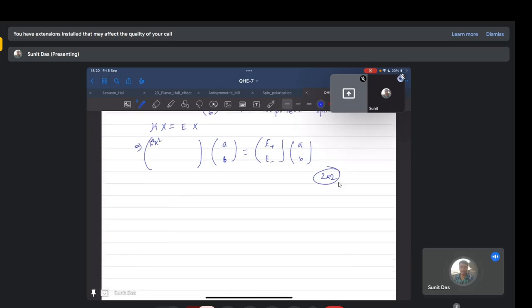So this is h bar square k square by 2m, and again the same thing, alpha R (kx minus i ky), alpha R (kx plus i ky).